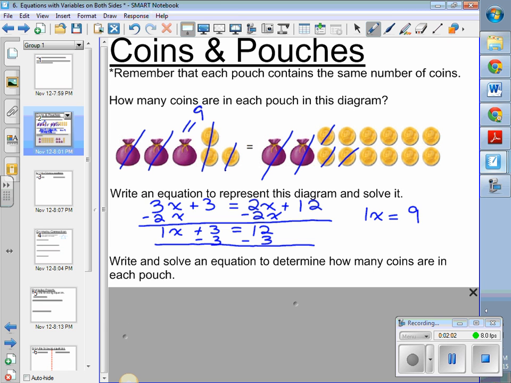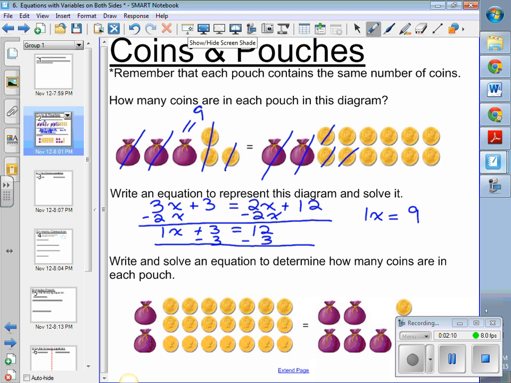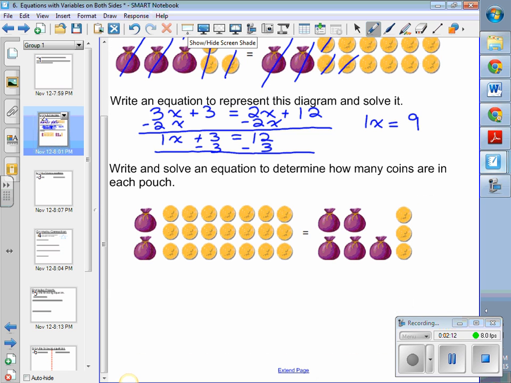Okay? So now we're going to do this one here. All right. So we've got 2 x's and 21 coins equals 5 x's and 3 coins.